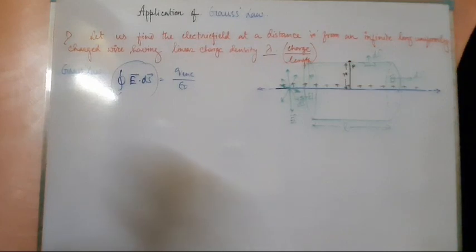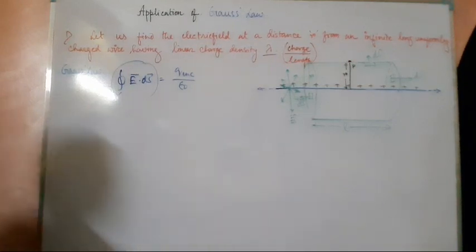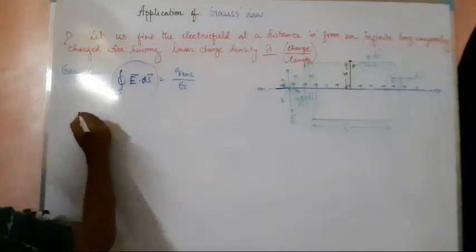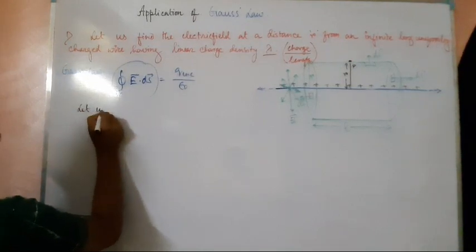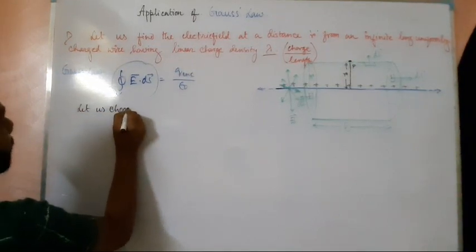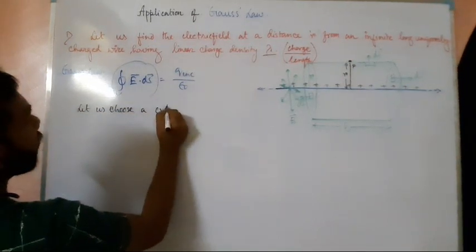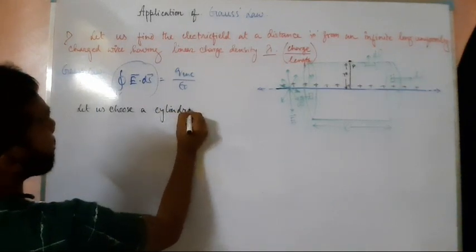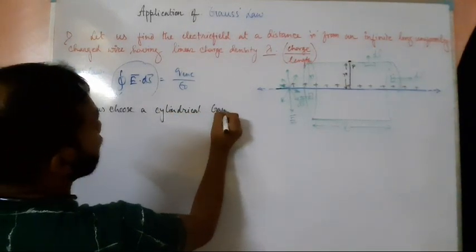We have to choose a cylindrical Gaussian surface. Let us choose a cylindrical Gaussian surface.